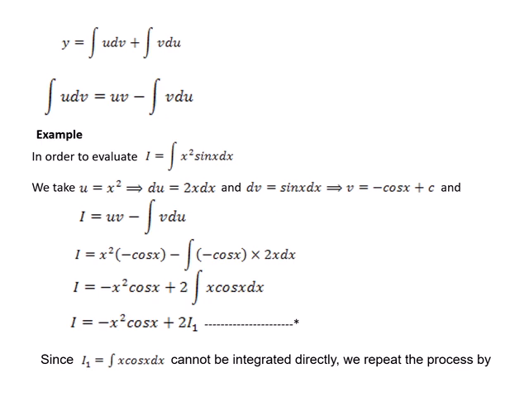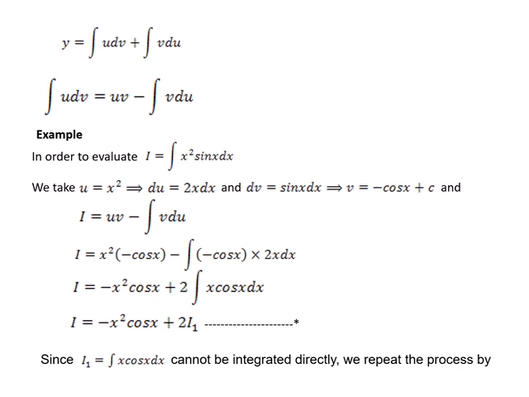Since we cannot leave the answer in this form, we still solve further, because we still have the product of two functions, s cos s. The integral of s cos s we represent as I1. So we now want to solve our I1. What is I1?